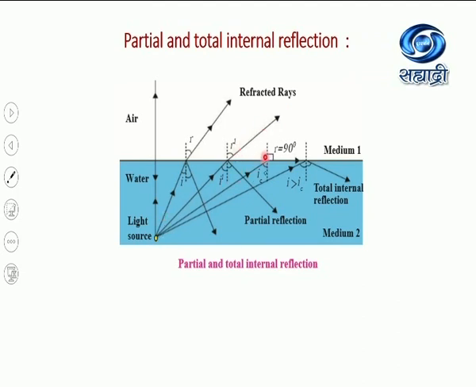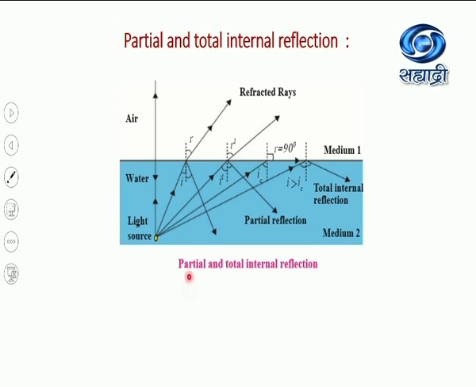Then at a certain value of I, the value of R becomes equal to 90 degrees. That is, the ray travels parallel to the surface of the medium. This is called the critical angle. That is, for a particular value of I, the value of R becomes equal to 90. This is called the critical angle.